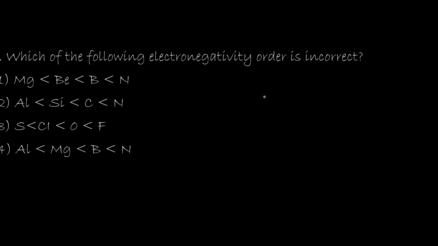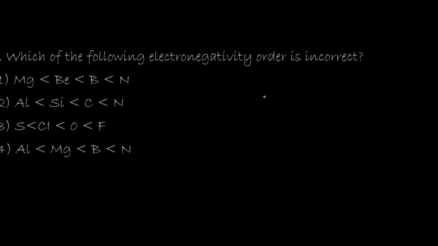Then the next question: which of the following electronegativity orders is incorrect? So what is electronegativity? Once again, the attraction of paired electrons towards itself, isn't it? So which makes magnesium, beryllium, boron, nitrogen. I'm sure you must have rocked this question. This is the simplest one.